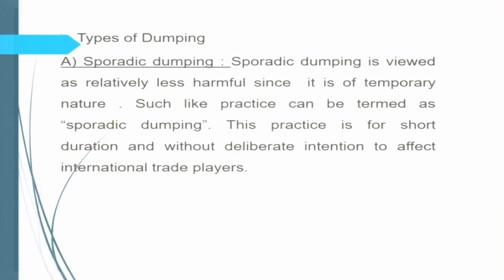For example, let us say for some reason this time there was a bumper cotton harvest in a country and the cloth manufacturing industry purchased that cotton, realizing that it is available at a cheaper price, and they manufactured many cotton goods, but now there is a slump in the market, there is no demand for those goods. So, instead of getting those cotton products wasted, what can be the alternative?